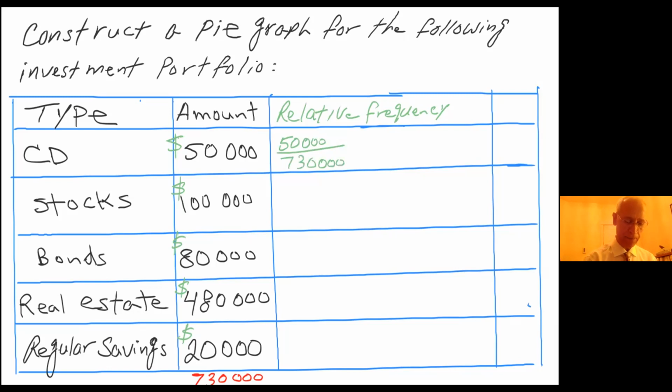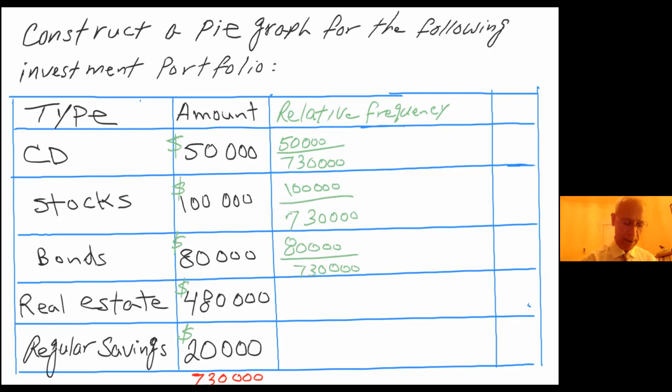And for the second one, I have 100,000 divided by 730,000. For bonds, I have 80,000 divided by 730,000.